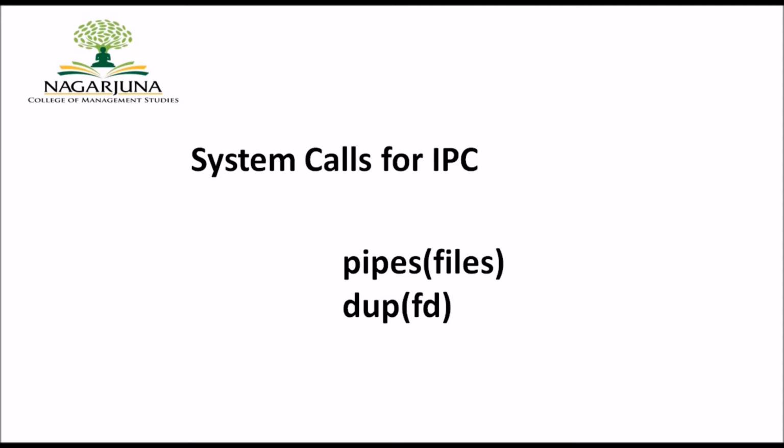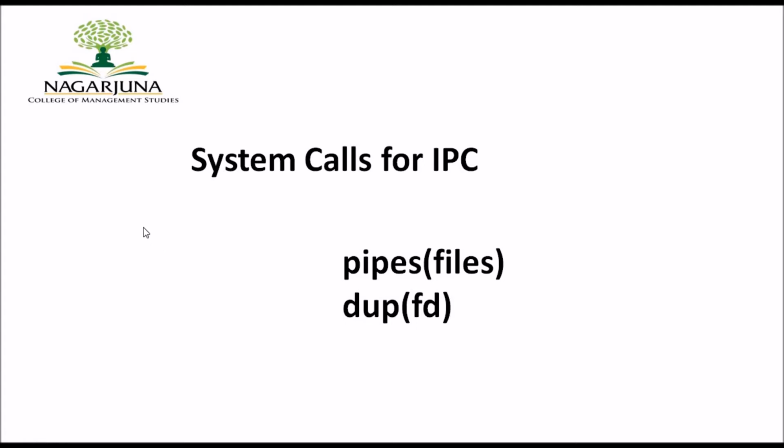As we know, a file descriptor stores the complete information of the file. So if I would like to duplicate the file descriptor, I use DUP followed by FD, which returns a new file descriptor. Though a new file descriptor is created, it refers to the same opened file.